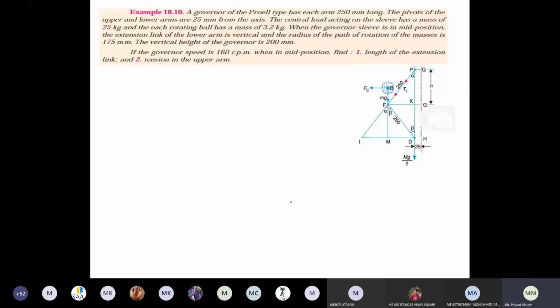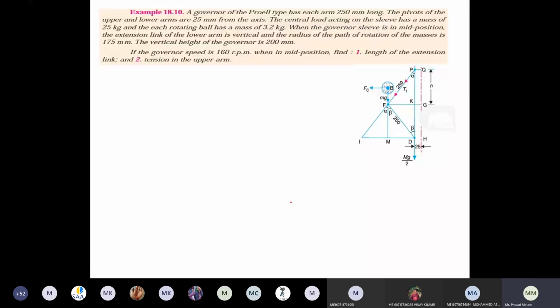When the governor sleeve is in mid position, the extension link of the lower arm is vertical and radius of path of rotation of the masses is 175 mm. The vertical height of the governor is 200 mm. If the speed of the governor is 160 rpm, when mid position, find length of the extension link. Second one, tension in the upper arm. Okay, this is the problem we are having.